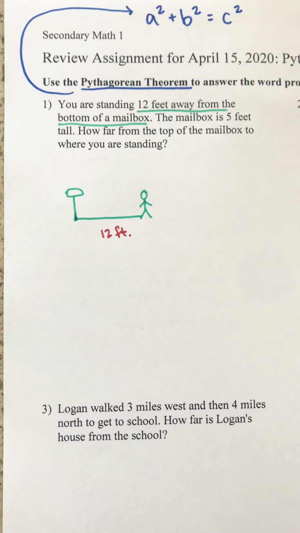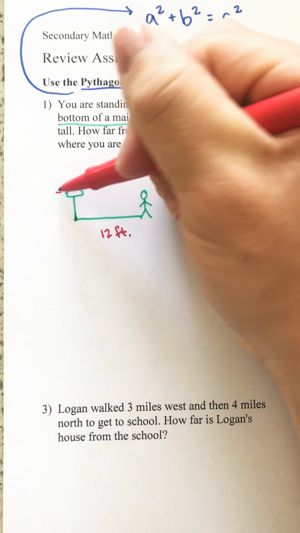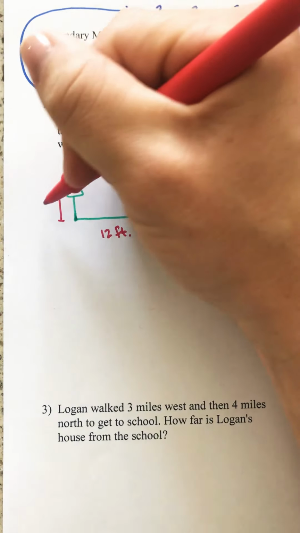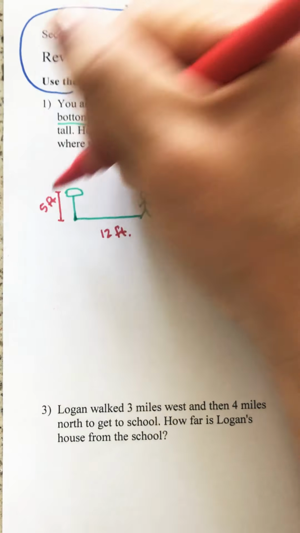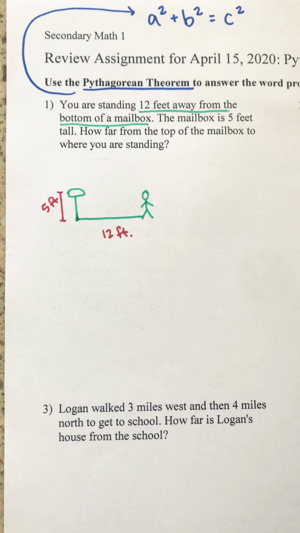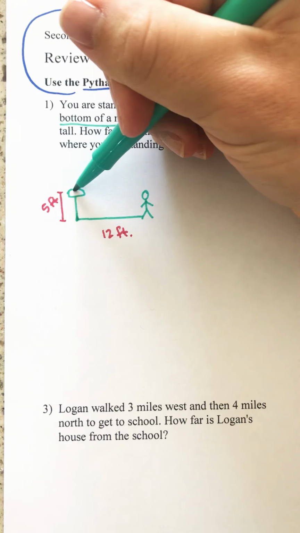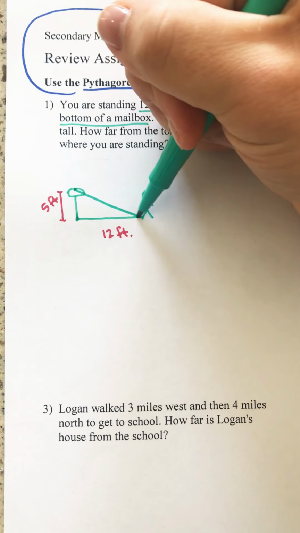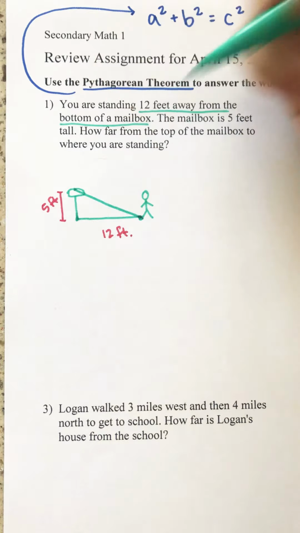Okay, the mailbox is 5 feet tall. So I know that from here to here, that's 5 feet, or as tall as I am. Okay, how far from the top of the mailbox to where you are standing? So we want from the top of the mailbox, about right there, to where we are standing, right there.